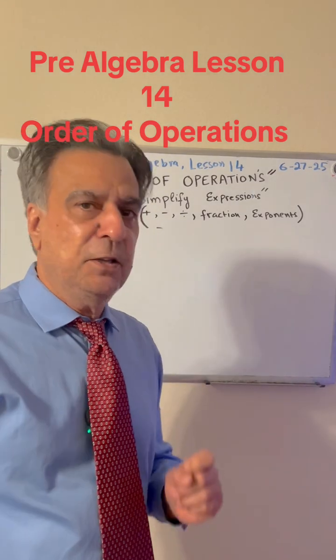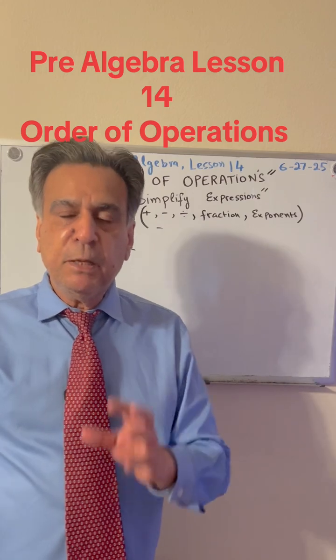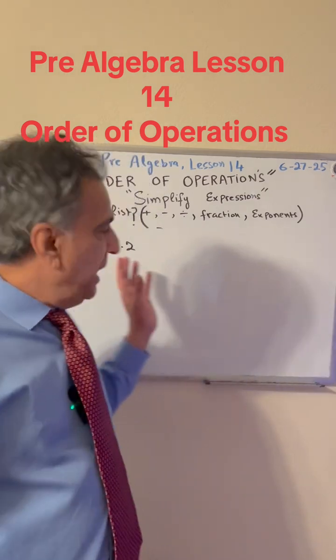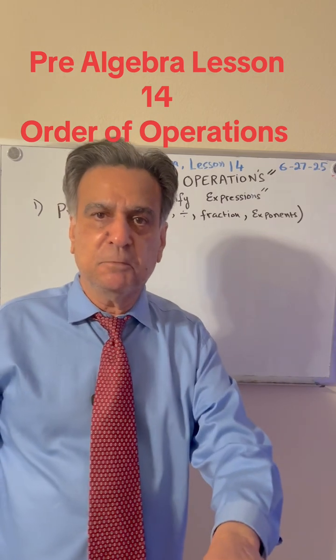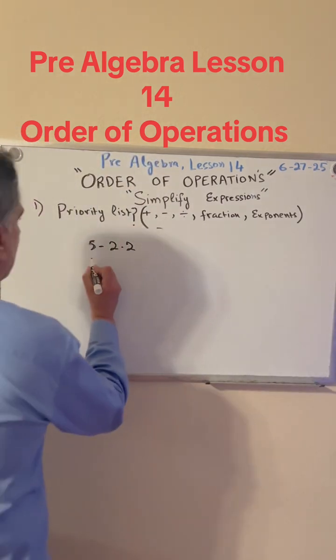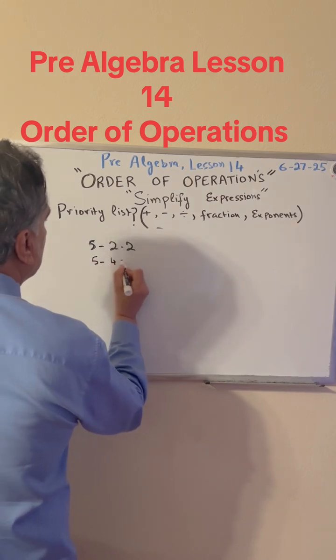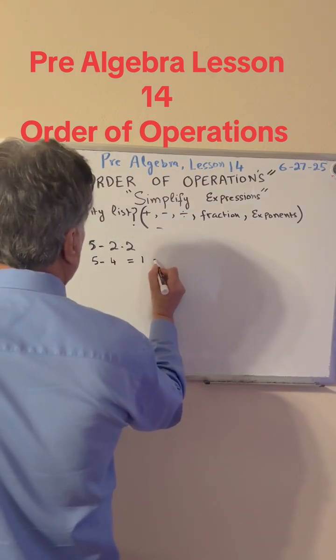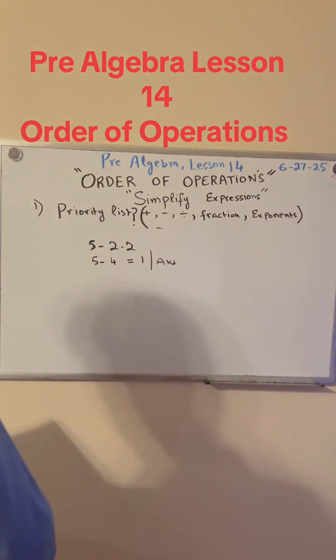Wrong. You don't do that. In an expression, if you have multiplication and plus or minus, you tackle multiplication first. So 5 minus 2 multiplied by 2 is 5 minus 4, and the answer is 1. Let's remember that.